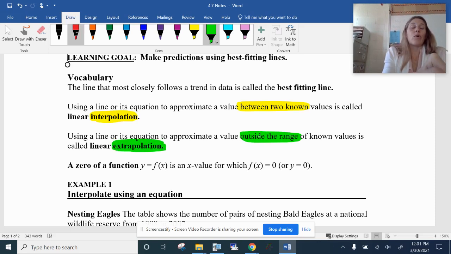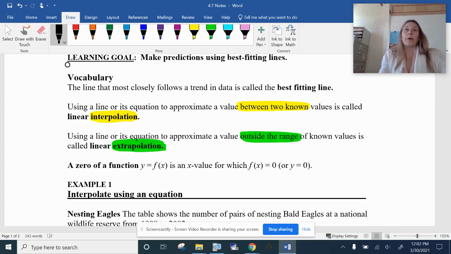So, for example, let's say I have a bunch of data for the last decade or something, and I have the data from the year 2010 all the way up through 2015, and then I have a little gap, and then I have some more data from 2017 to 2020.